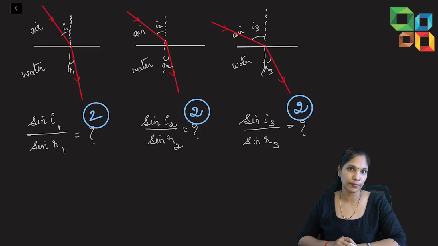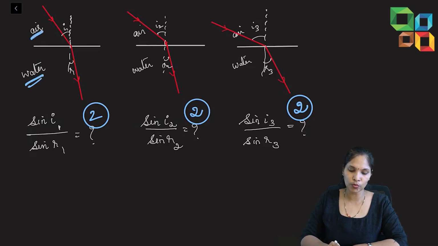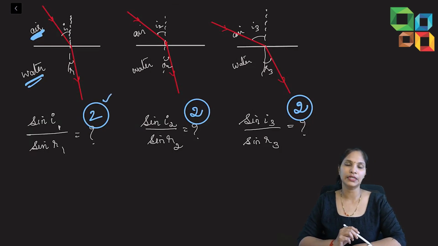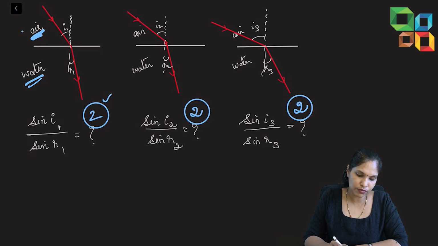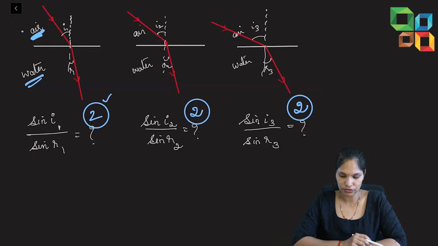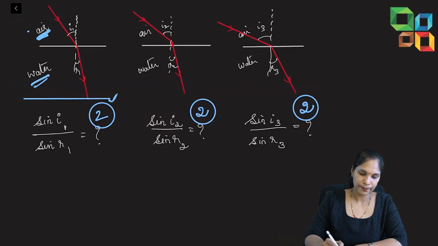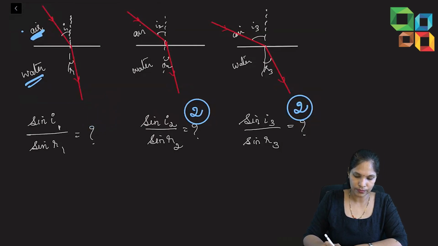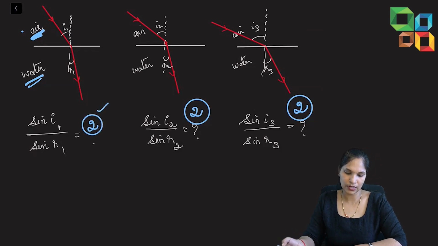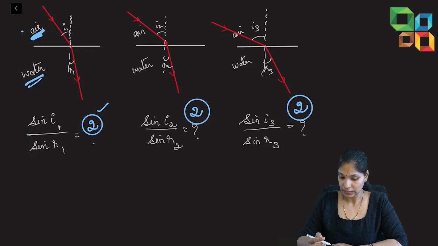Actually, that constant will change if you change one of the media or both the media. So instead of water, if you take glass, you're going to see that this value will not be 2 then. It will change. Same way, if you change both the media also, obviously it's going to change. So that means I can see that this value actually depends on something like the medium.